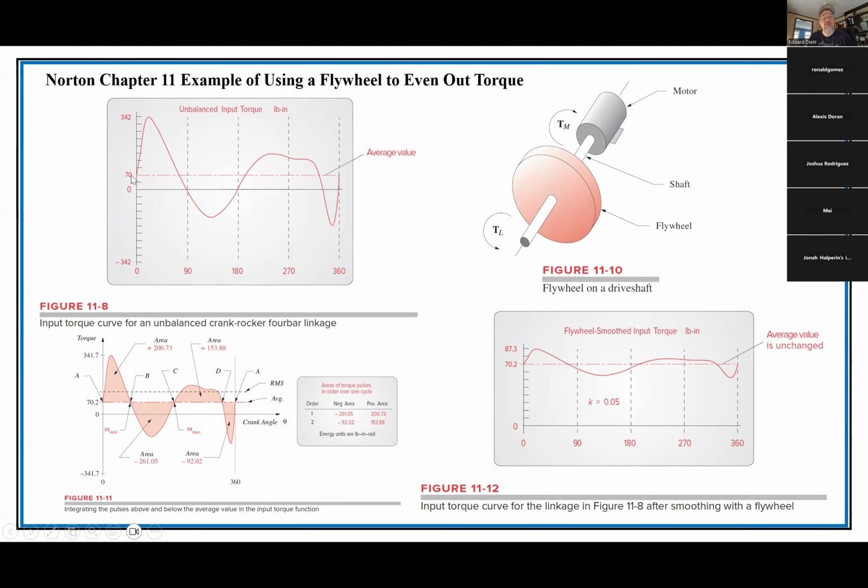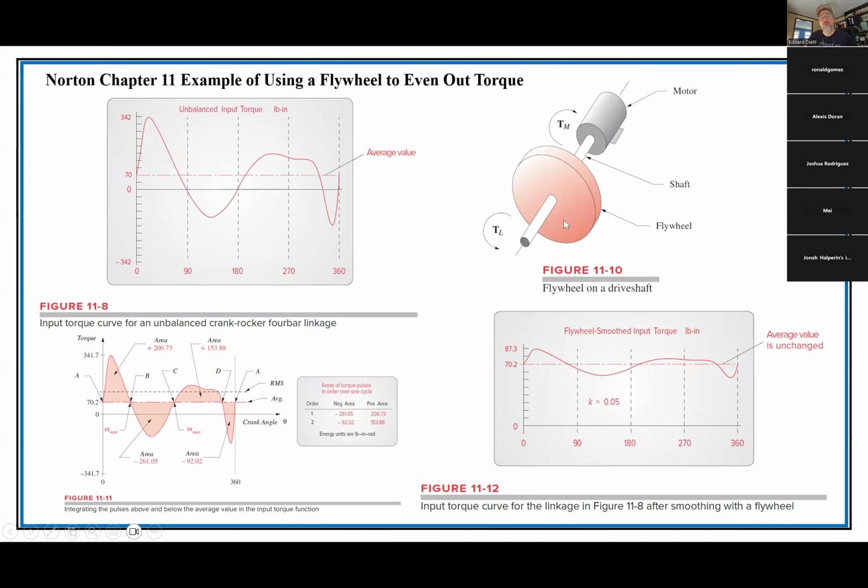It goes from 0 to 70 right here on the left one. And then with that great fluctuation that's even going negative on some level, that means that instead of producing torque, it's requiring torque to make that portion of the turn of the 360 degrees that you see on the x-axis.